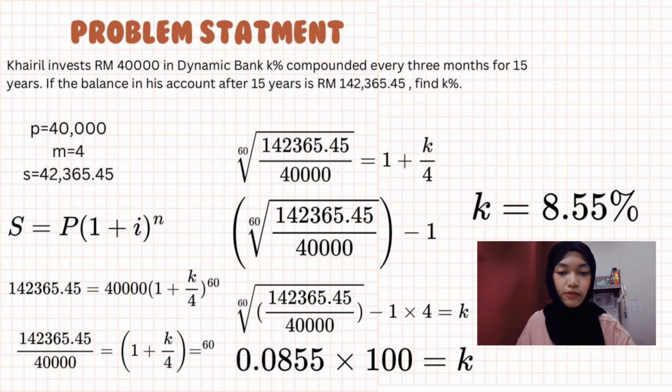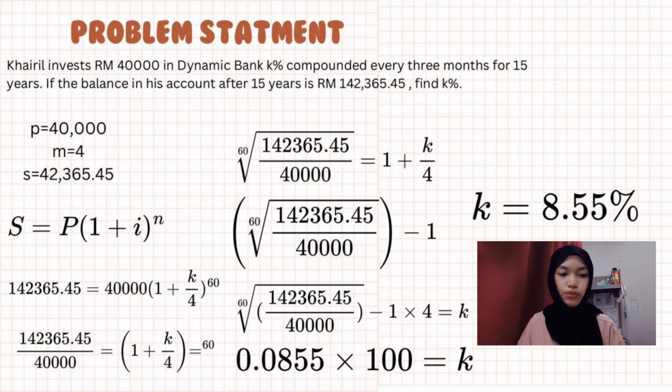So 60 root of 142,365.45 per 40,000 equals 1 plus K per 4. So bracket 60 root of 142,365.45 per 40,000 bracket minus 1, multiplied by 4.